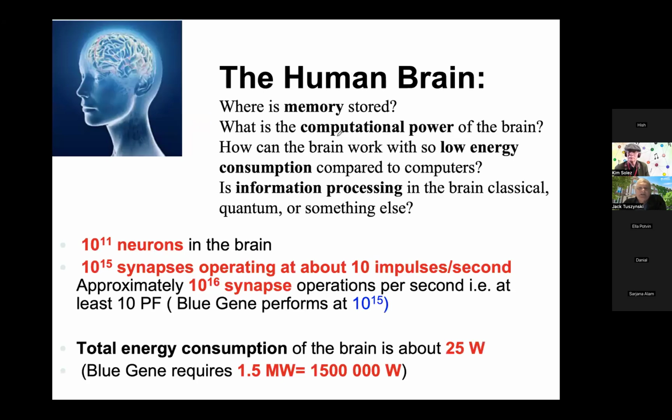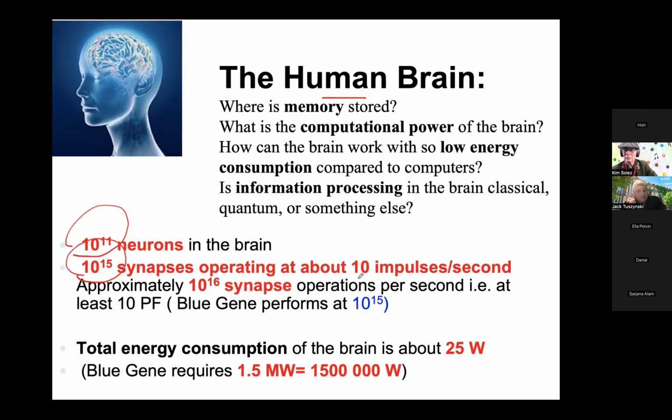So let me just say that the human brain has amazing numbers characterizing it. Roughly 100 billion neurons in an adult brain, with about 10,000 synapses per neuron, which leads to about 10 to the 15th synapses.